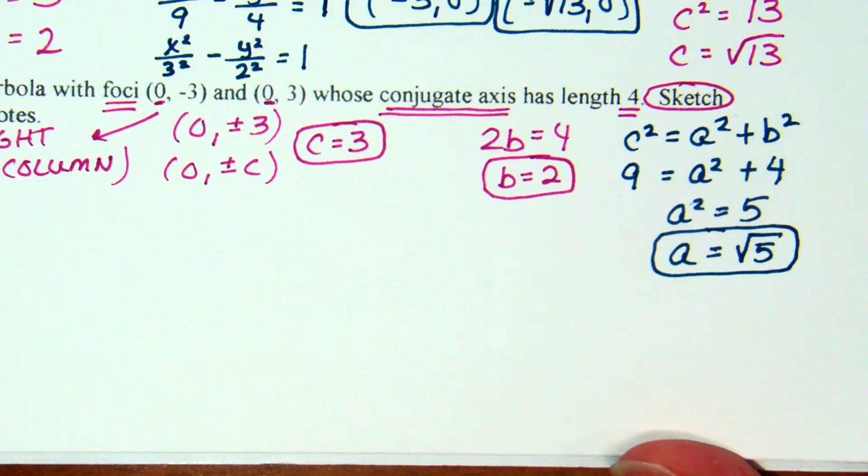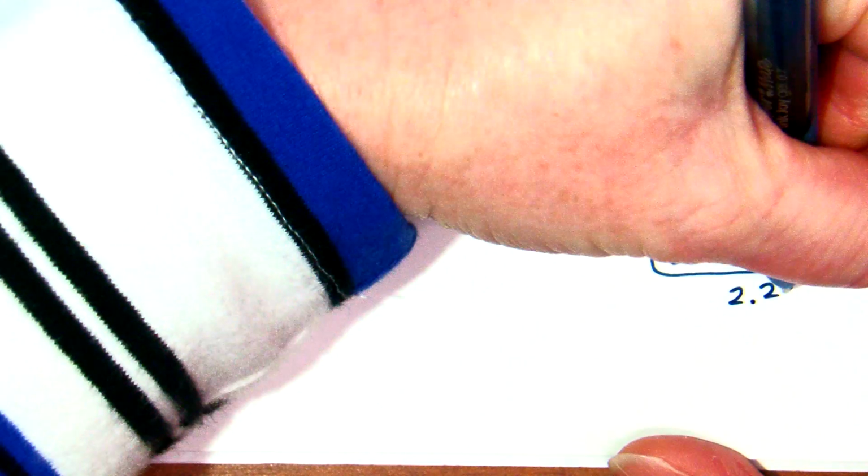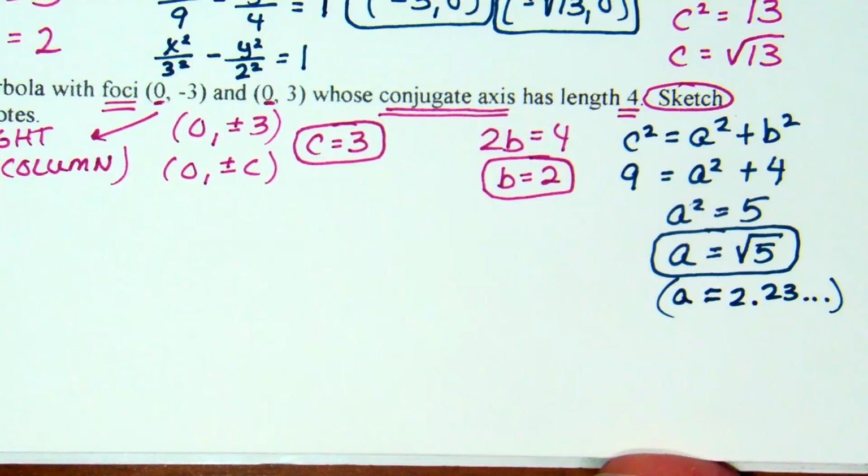Now, for later, what is the square root of 5? 2.23... Our calculator tells me that. Carly must have already had it in her calculator.